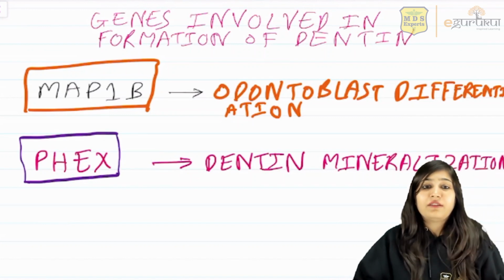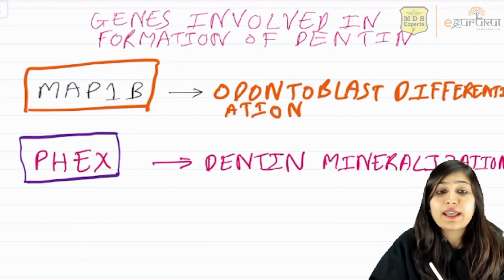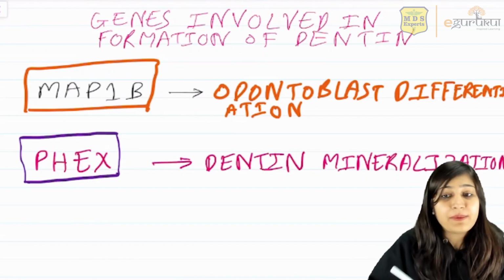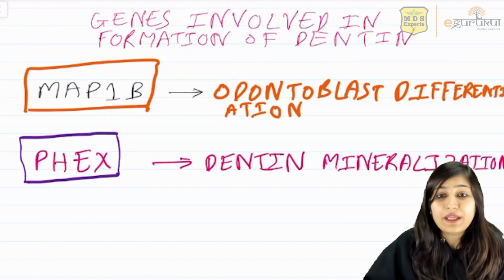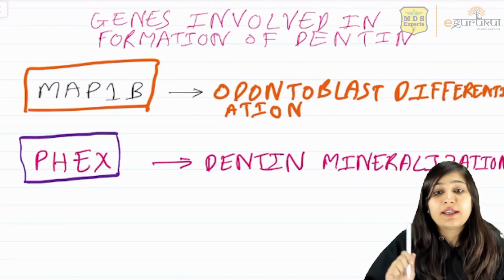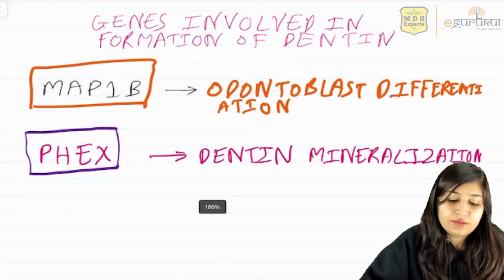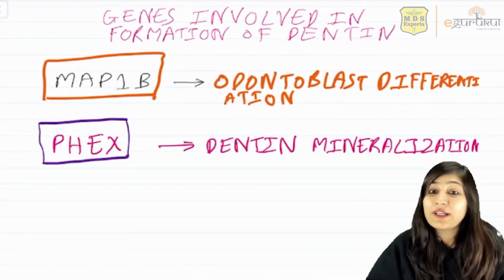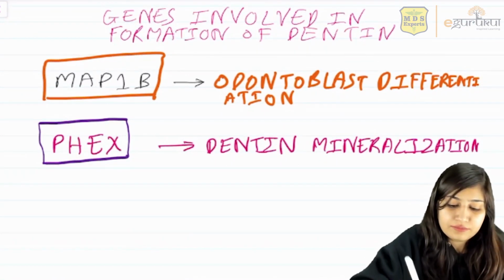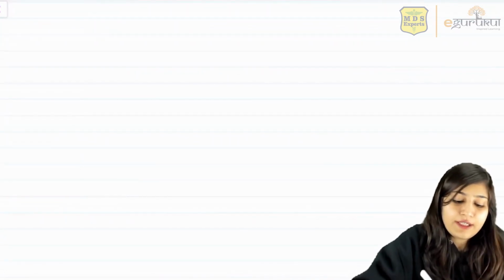So we have discussed the genes involved in formation of dentin. Which genes are involved? MAP1B, odontoblast differentiation, and PHEX, dentin mineralization. Now coming to clinical considerations of dentin.